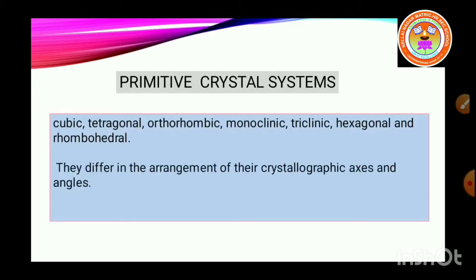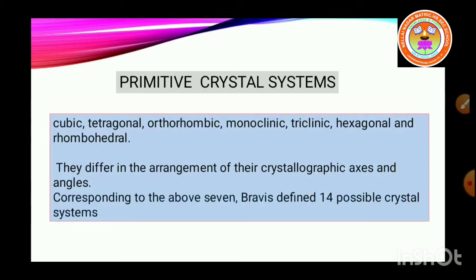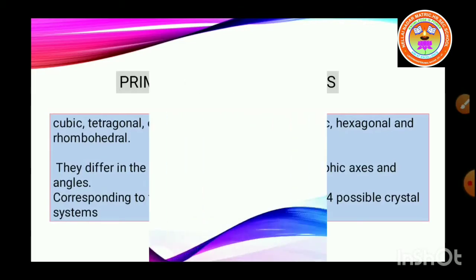They differ in the arrangement of their crystallographic axes and angles. So corresponding to the above 7, Bravais defined 14 possible crystal systems.